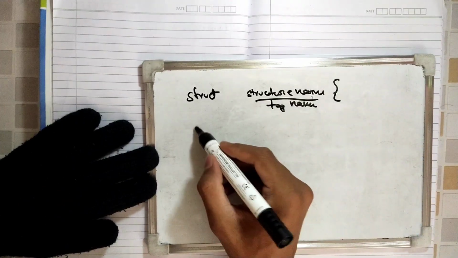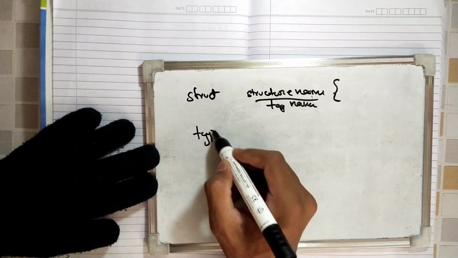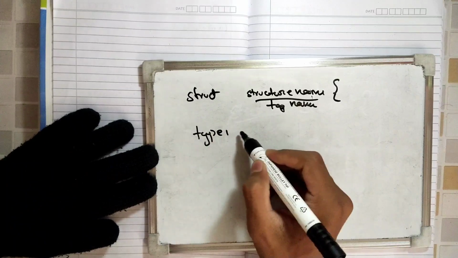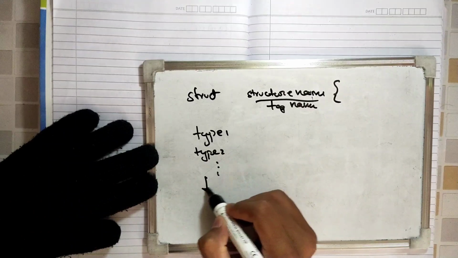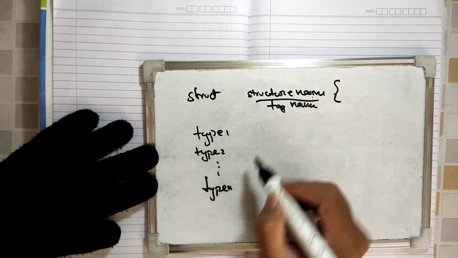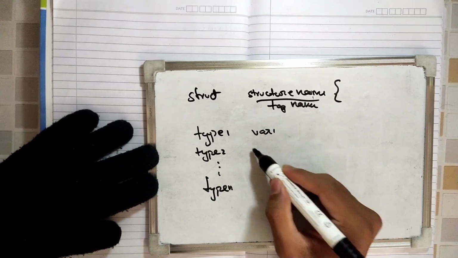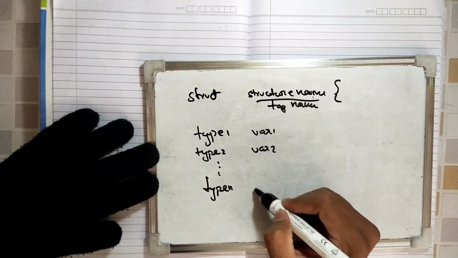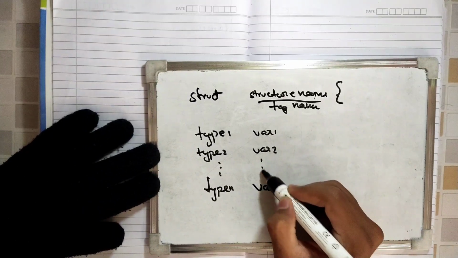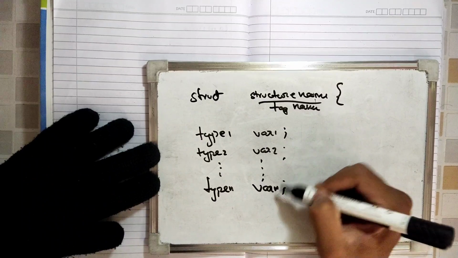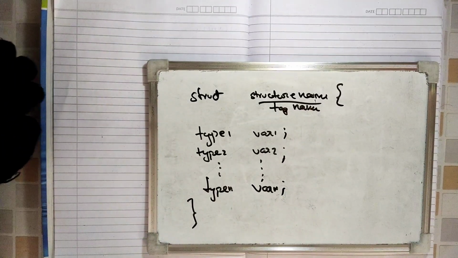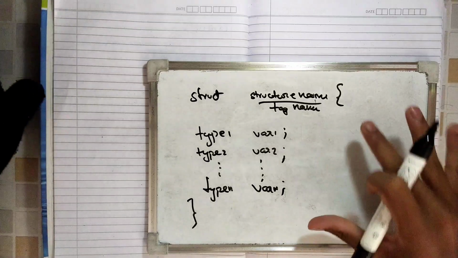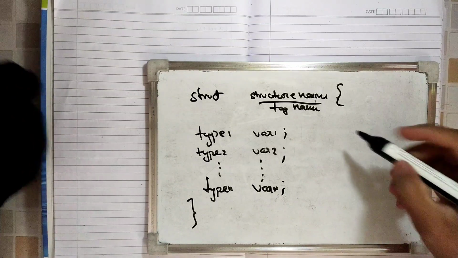Then open the brace. Here we write type 1, var1, type 2, var2, and so on up to type n, var n, where var is nothing but your variable. Then close. So this is only about your structure. Later we will discuss more things.